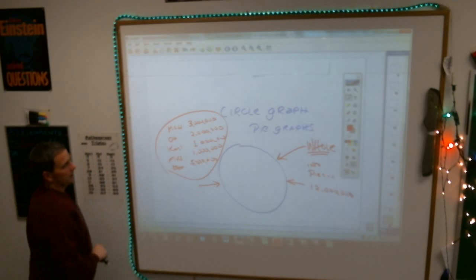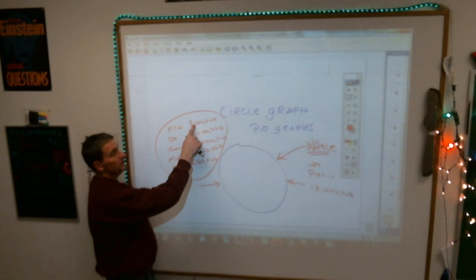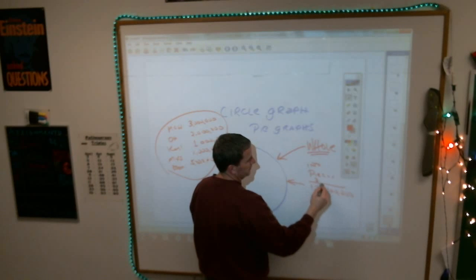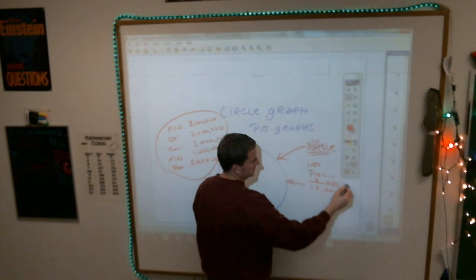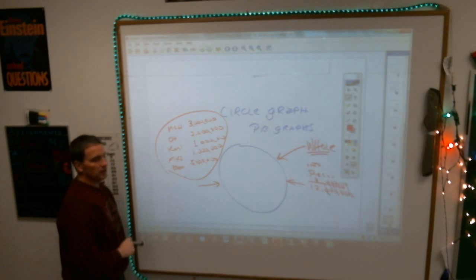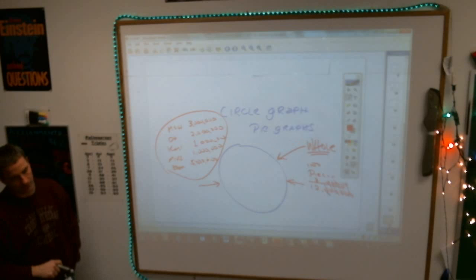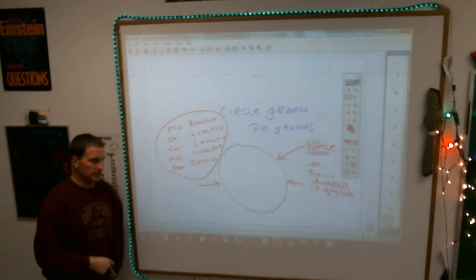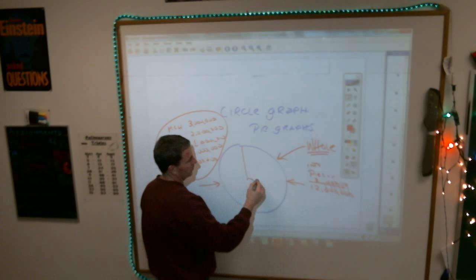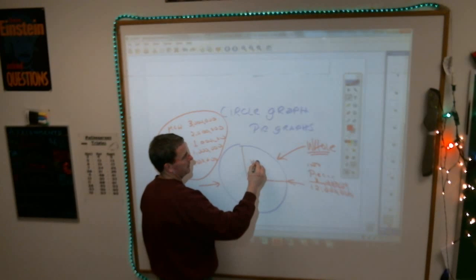If Michigan has 3 million of the 12 million, doing a little math here, we could get rid of all those ending zeros because they'd all cross off. What fraction of the circle should Michigan have? If you reduce 3 over 12, Wade Davis? 1/4. Right, so you can cut this thing into 1/4, and this would be Michigan.